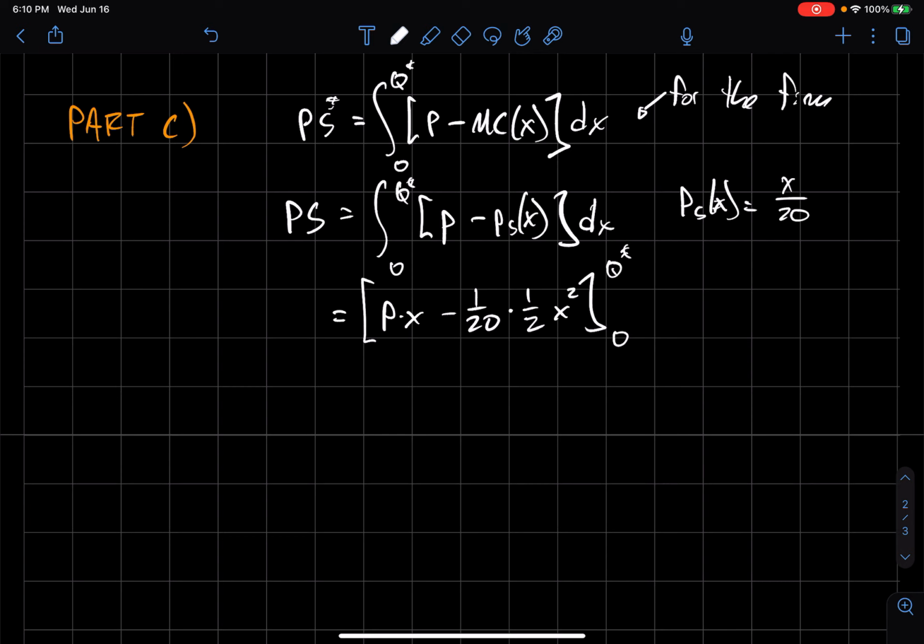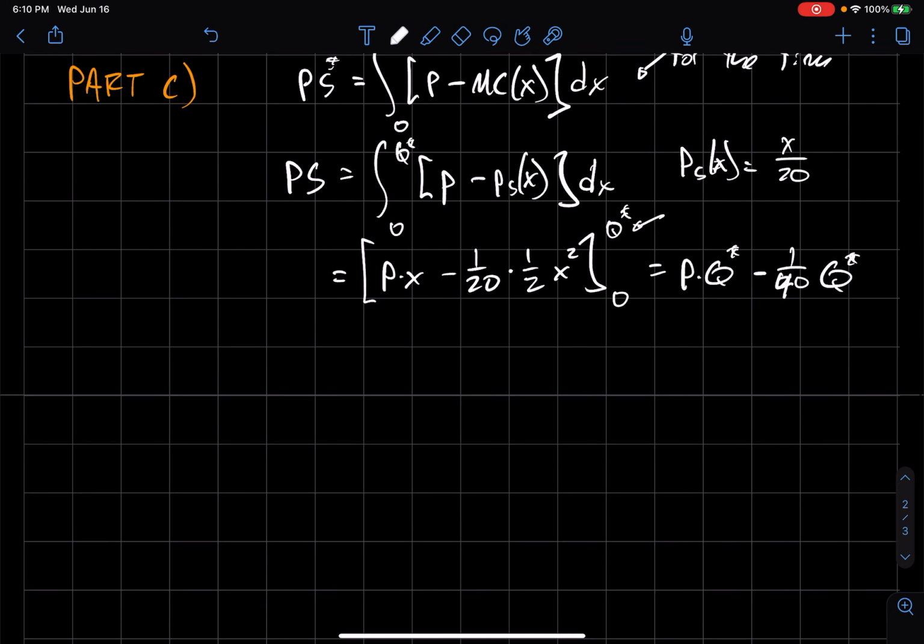So when we plug in 0, everything goes to 0. So we're left with plugging in q star. So this gives us p times q star minus 1 over 20, well, let's just multiply 1 over 40 times x, plug in for q star, and then we subtract off 0, but that's just 0. So let's evaluate this.